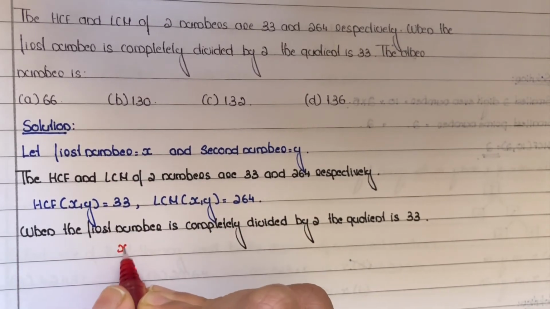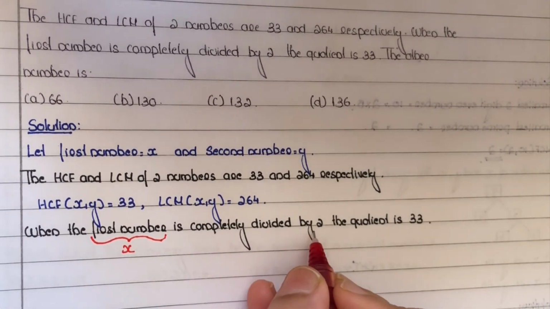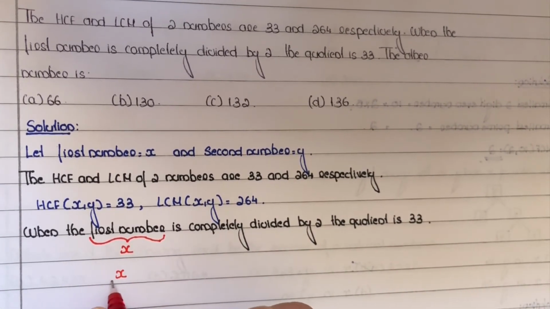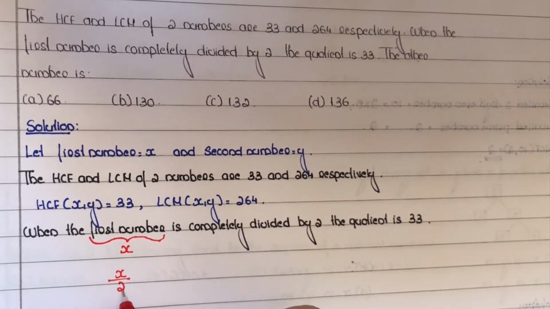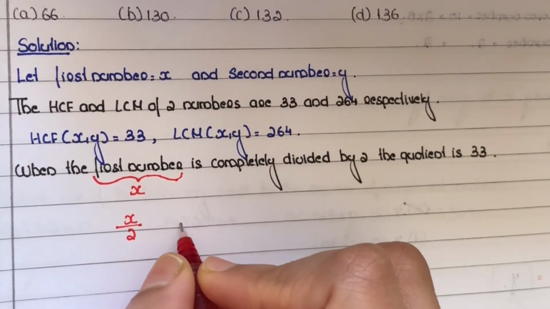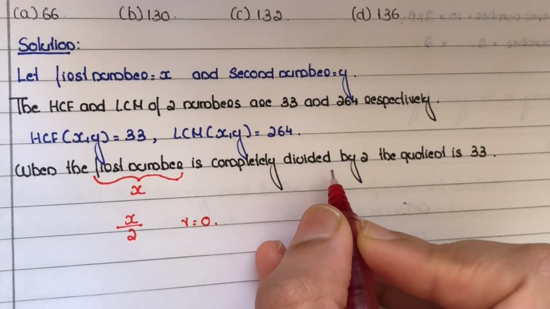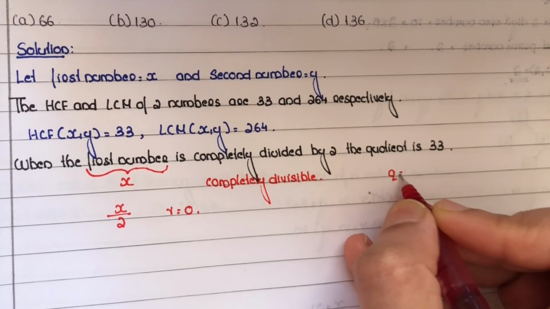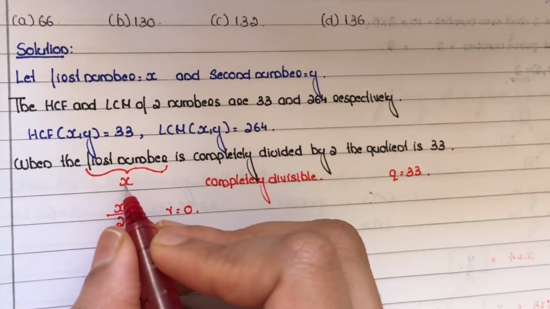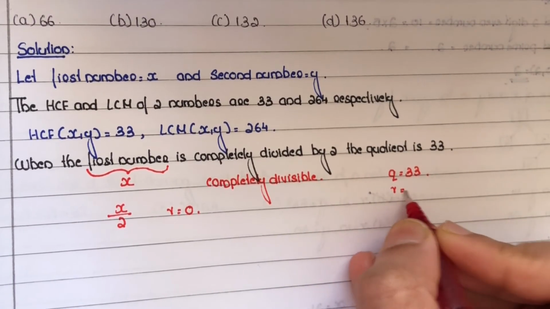So when x is divided completely by 2, what's the meaning of completely divided? It means completely divisible, the remainder is 0. The quotient is 33. So when you divide x by 2, you get quotient 33 and remainder 0.